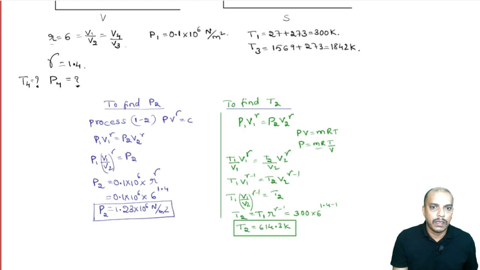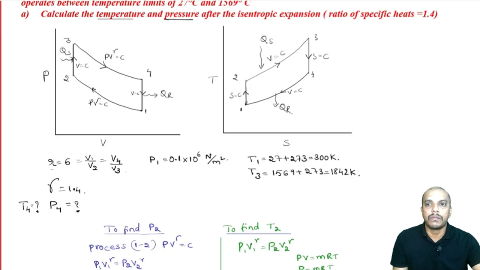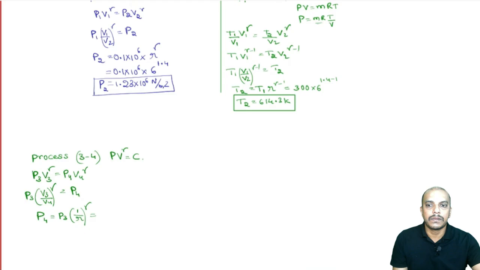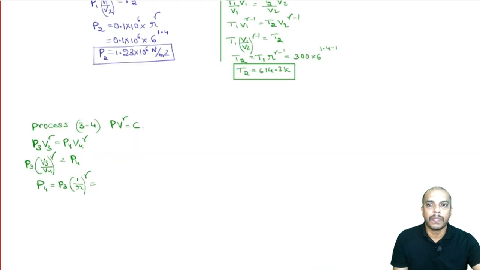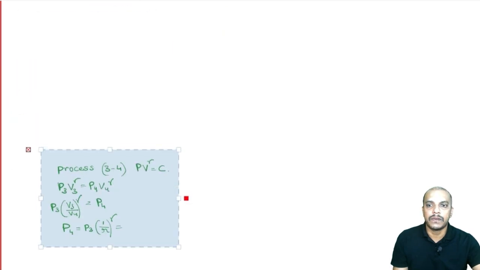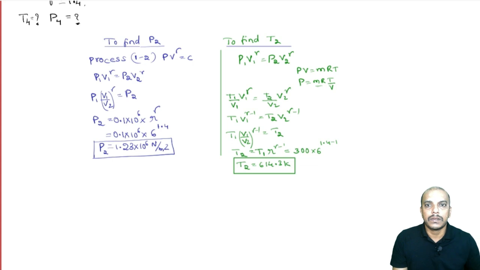Now let us go for finding out P3 and T3. Let us use process 2 to 3. What is constant between process 2 to 3?